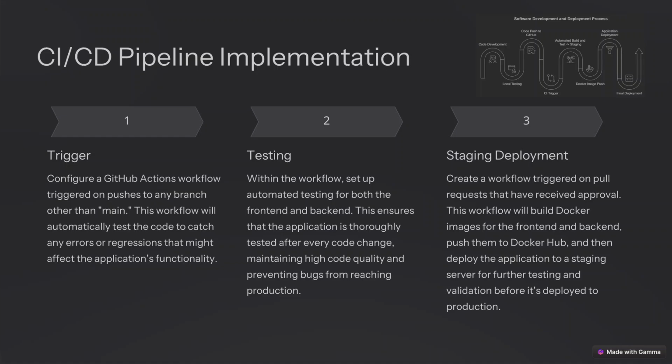In this process, we set a trigger so that when a developer pushes code to the branch, it will trigger the testing to check that the application starts normally, and then we can use it further on the server.